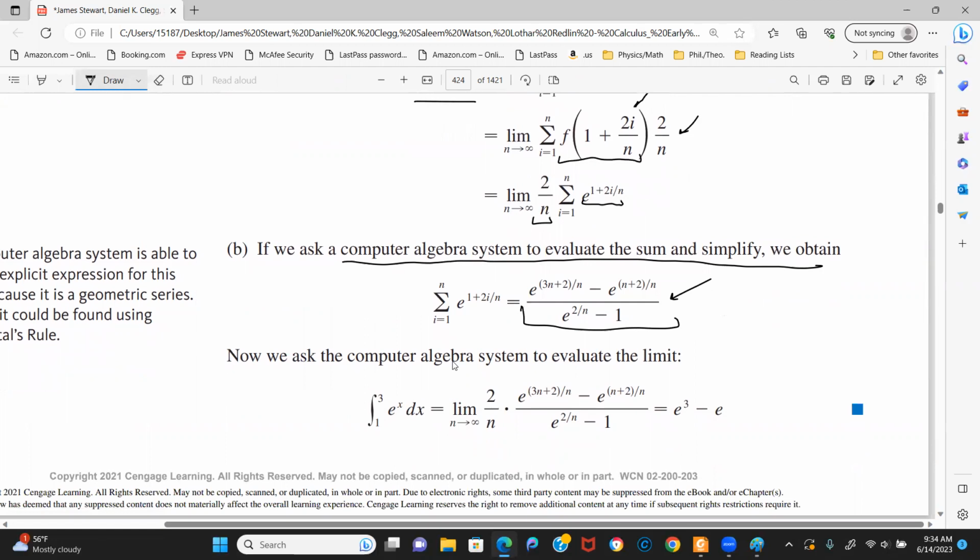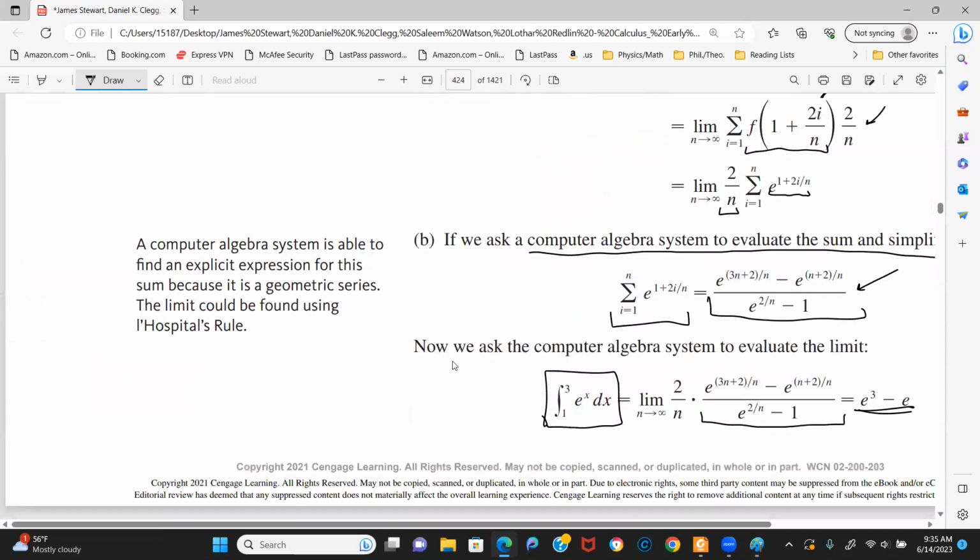So you use a computer algebra system to evaluate the sum and simplify. Now this integral becomes this limit of 2 over n times this horrible thing that the computer algebra system got for us. And when you do that, you can sort of see it. No, not really, actually. It's kind of horrible. When you ask the computer algebra system to evaluate it, it ends up being that. So that's really awful.